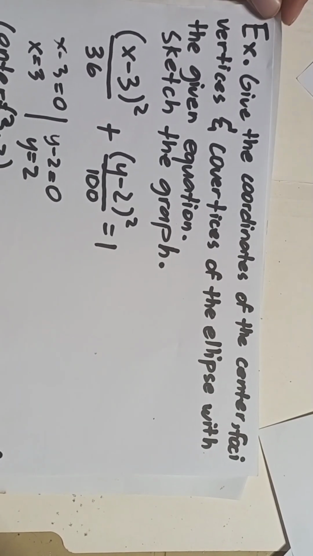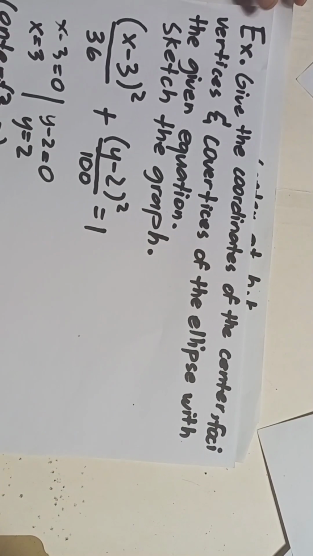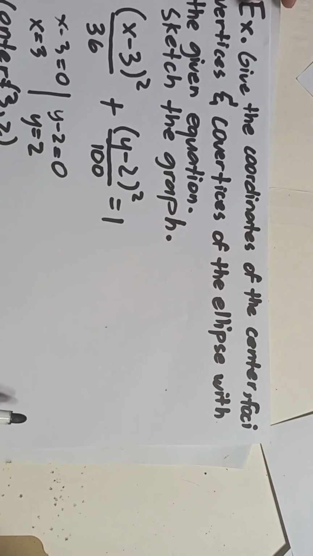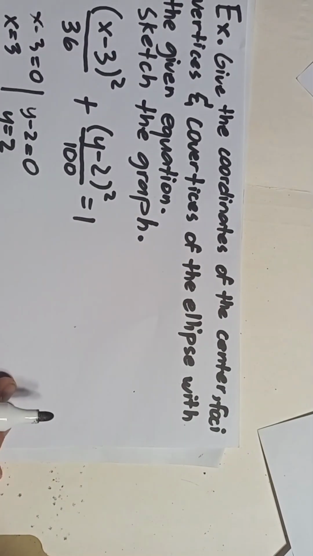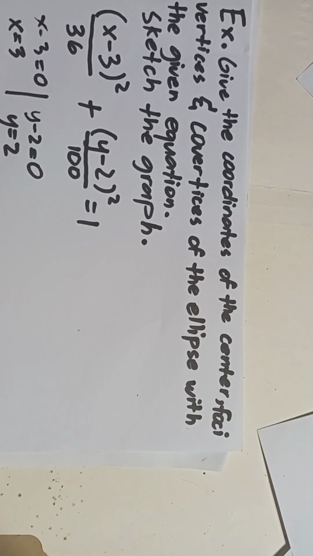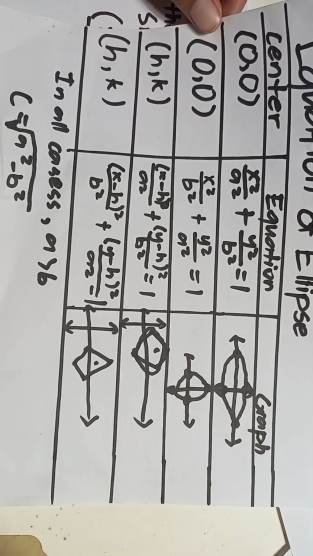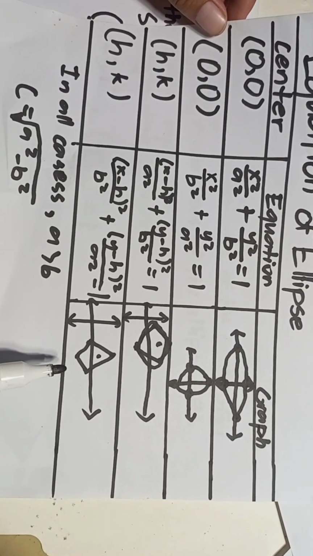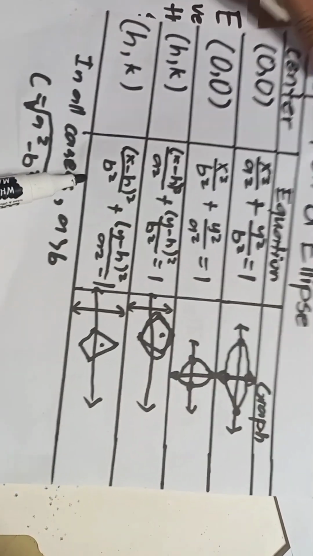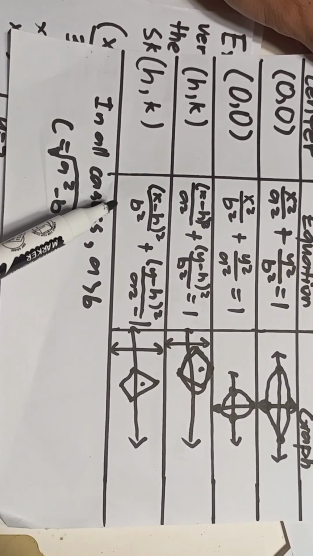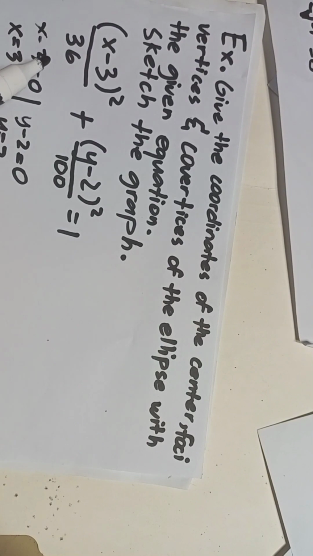Just the same as with the center at 0, 0, we must first find the a and b. The h, k is the center. So b squared here is 36.